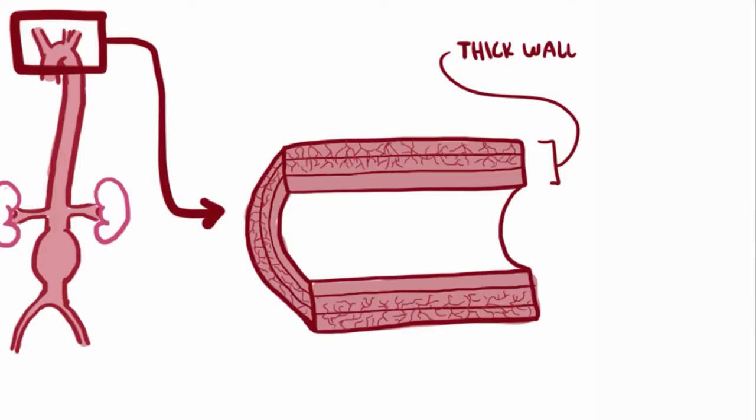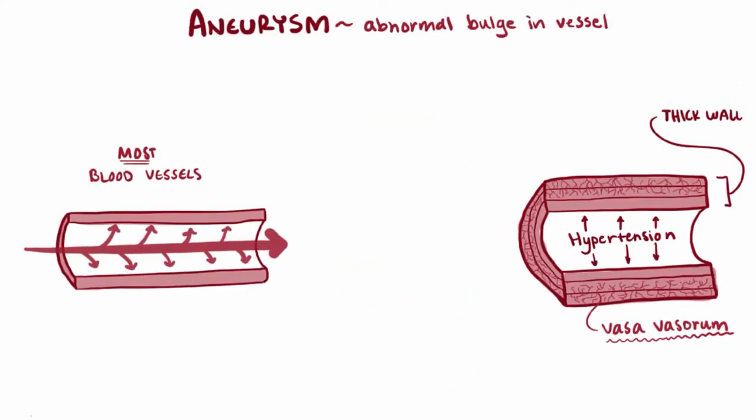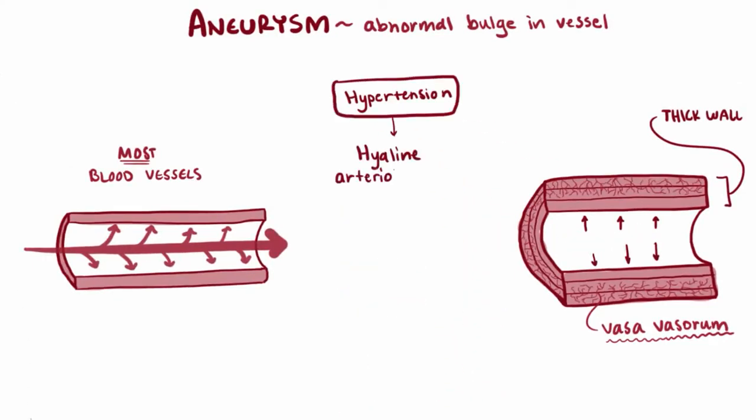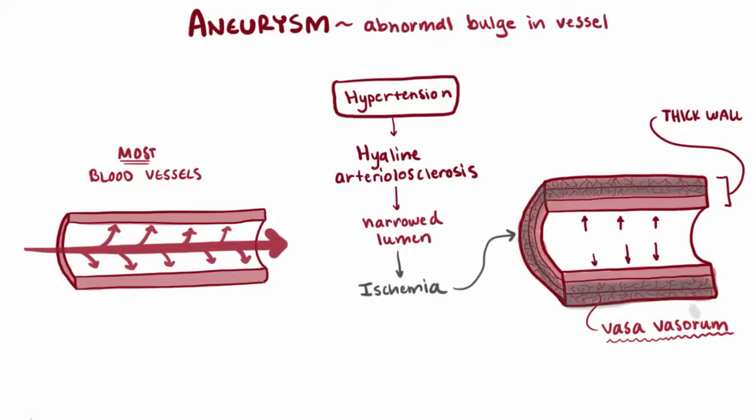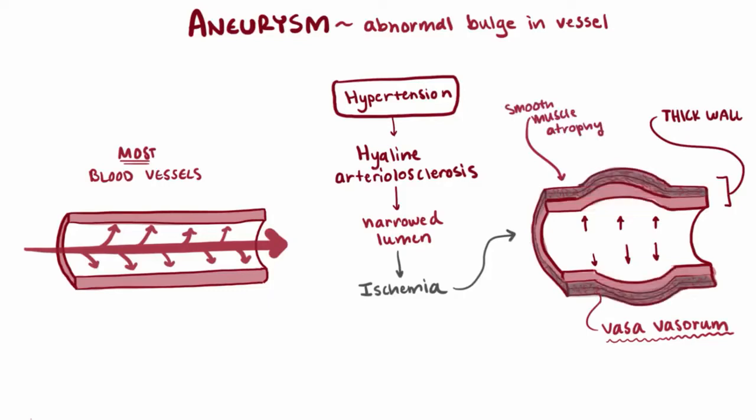We call these special blood vessels vasa vasorum. In hypertension, the vasa vasorum can develop hyaline arteriolosclerosis, narrowing their lumen, causing ischemia to the aortic wall, and we end up with atrophy of the smooth muscle of the tunica media. Overall, all this weakens the aorta's wall.